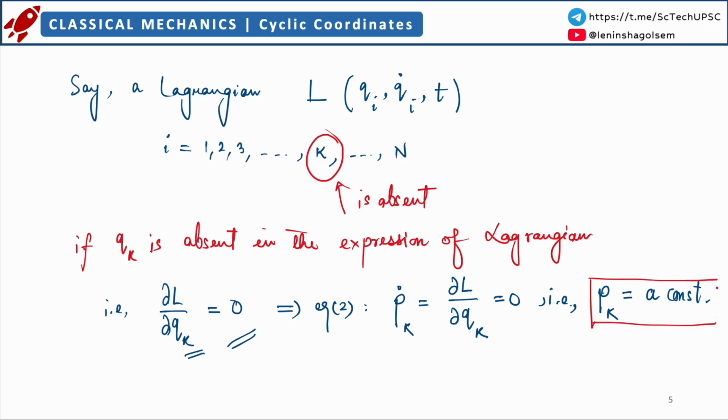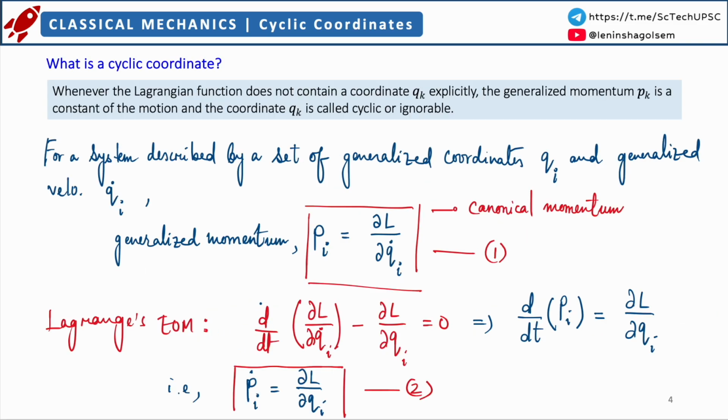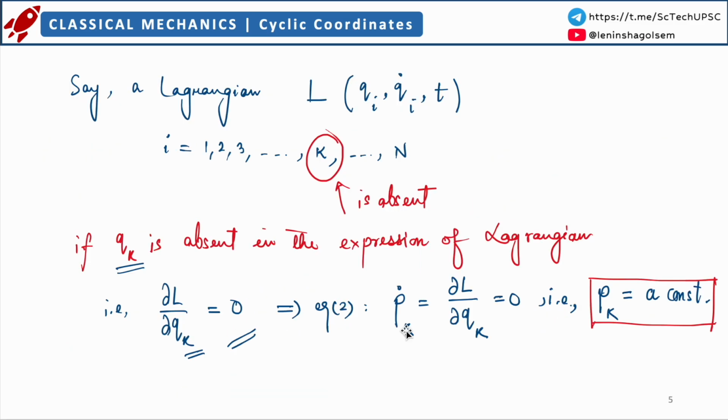Whenever this coordinate qk is absent in the expression of the Lagrangian explicitly, then using Lagrange's equation of motion, we immediately find that the momentum corresponding to that particular coordinate is a constant of the motion.